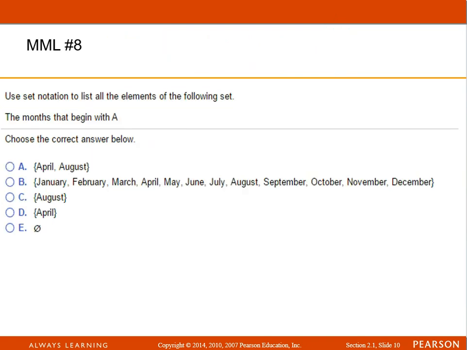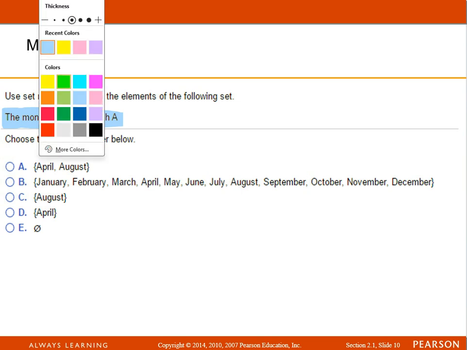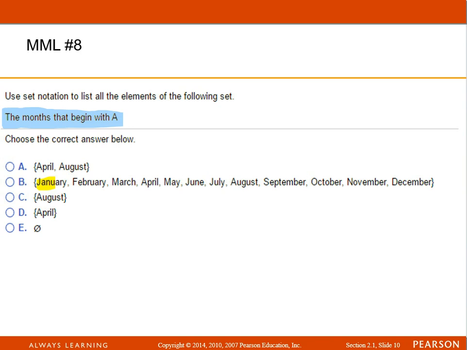Question 8 says use set notation to list all the elements of the following set. And this time they just kind of wrote it down. They said the months that begin with an A. So I would go through the list of all months, January, February, March, April, May, June, July, August, September, October, November, December.